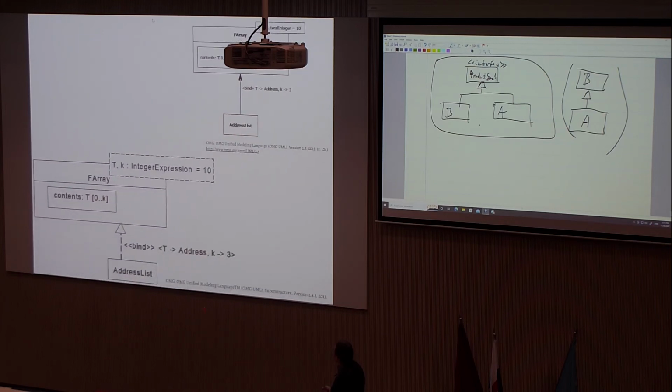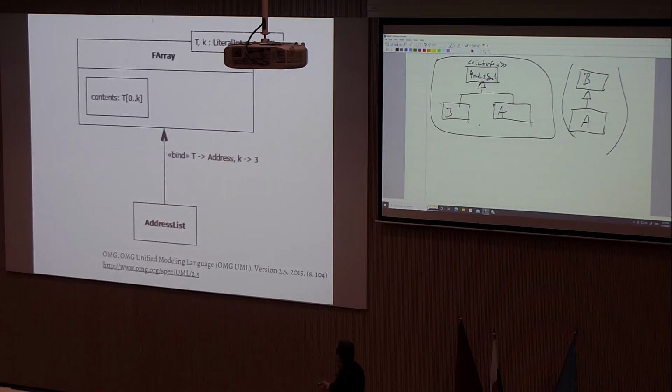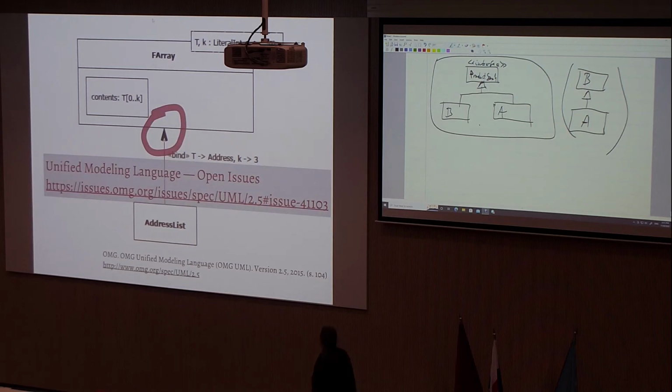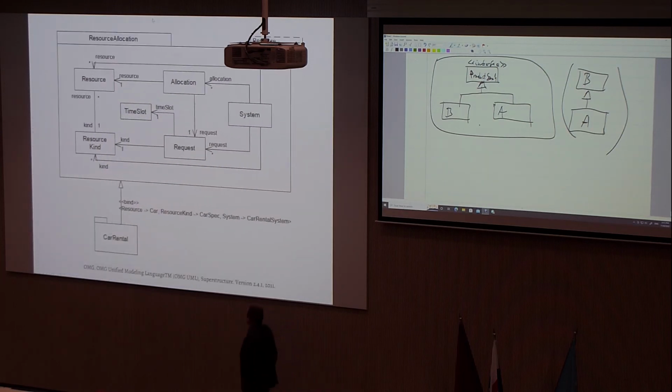This error, you know this error without this stereotype realization. So it's a common thing. Here, never saw this error. Open issues, yeah. You can even click this link in the slide.